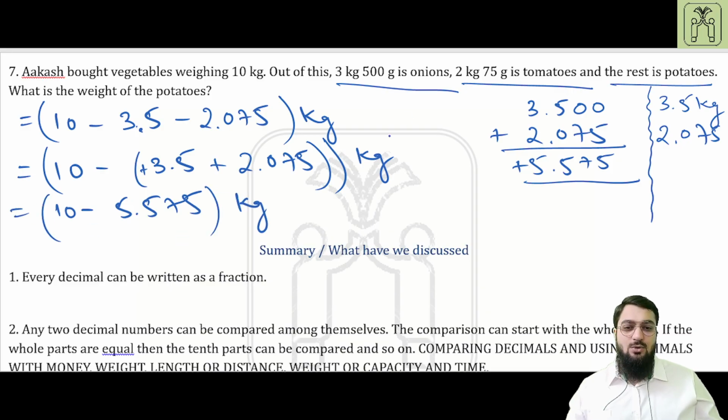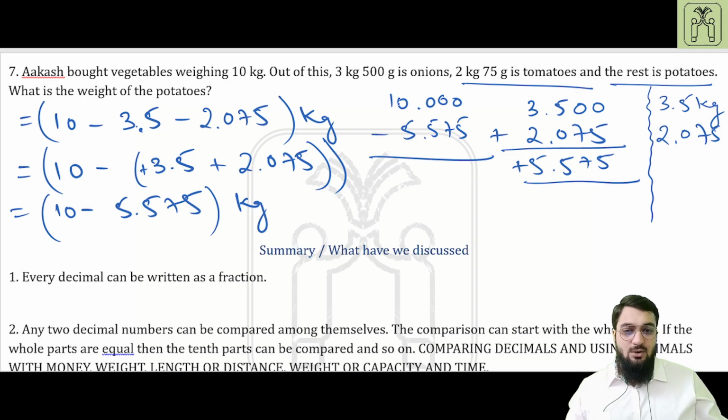And I hope that you can calculate that on your own, or I will show it to you that 10.000 minus 5.575, sorry about that. 5.575 will be done, minus will be done, and that will be done how? This zero will ask this one, will ask this one, will ask this one, and finally this one will give something out of it and it will become a zero itself.